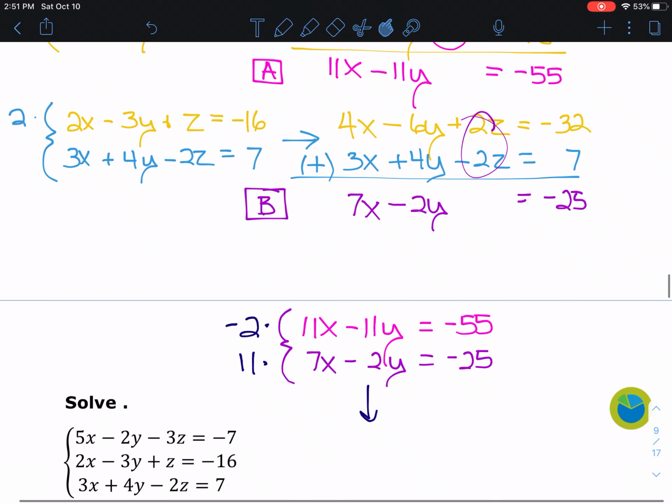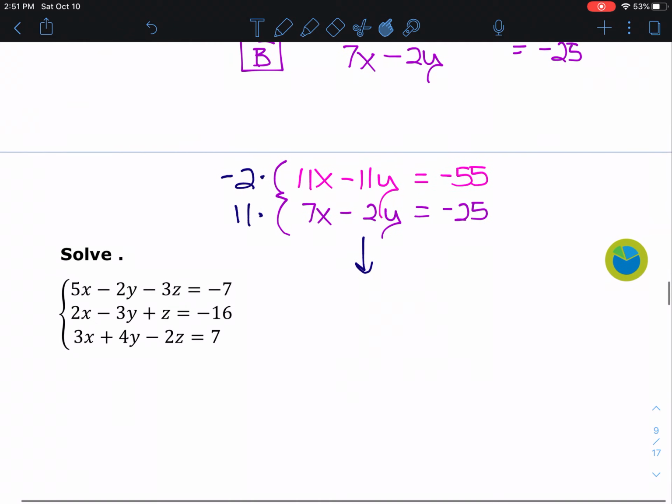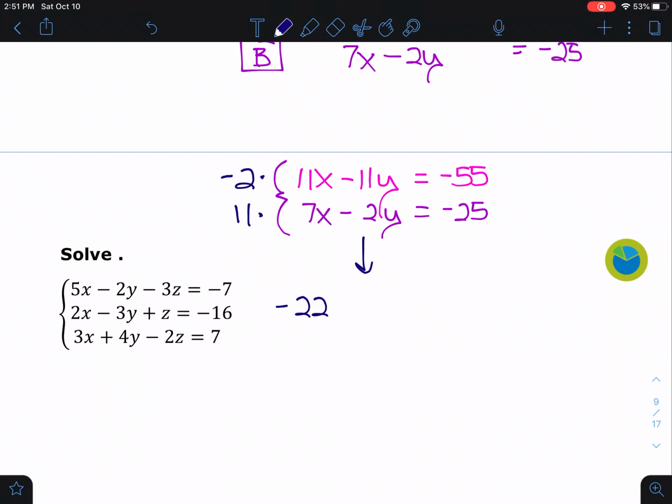So this would give us negative 22x plus 22y equals 110. And the second equation would be 77x minus 22y equals negative 275.